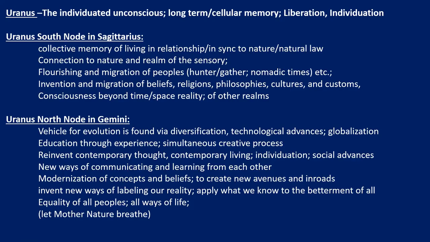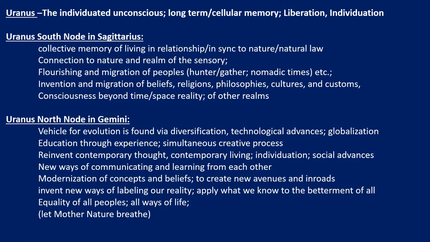Vehicle for evolution found through diversification, through technological advances that have modernized and improved daily life, right? This is globalization. Certainly, we've been accelerating how we get the information out and how we communicate. Education through the experiential, right? It's a simultaneous creative process here.